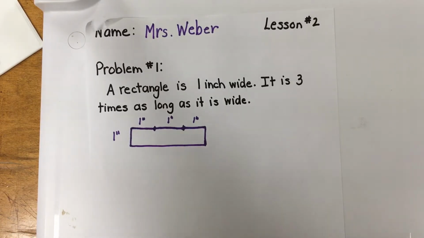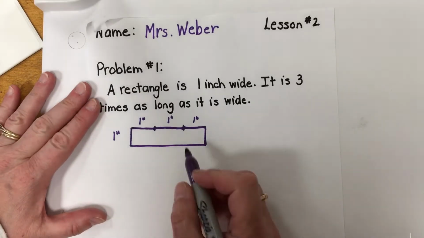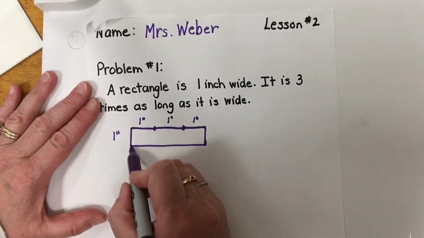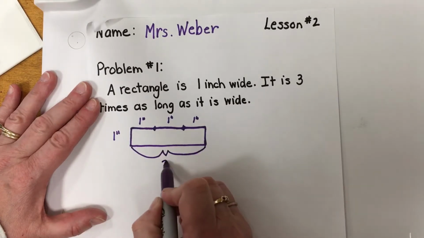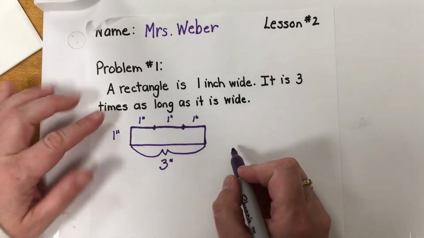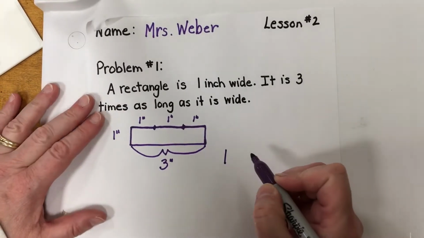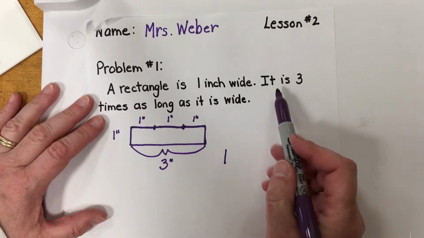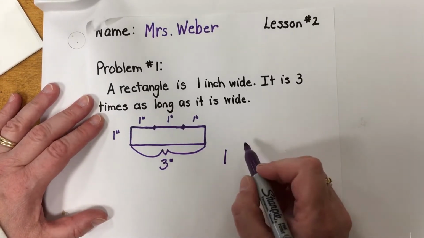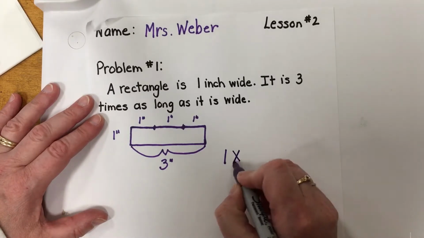So, when I total up 1 plus 1 plus 1, I get 3 inches. So basically, all I did was take the width, which was 1, and I made it for the length 3 times as long.